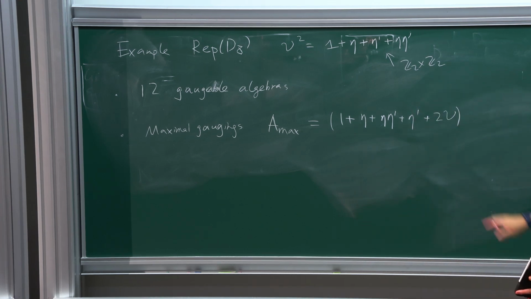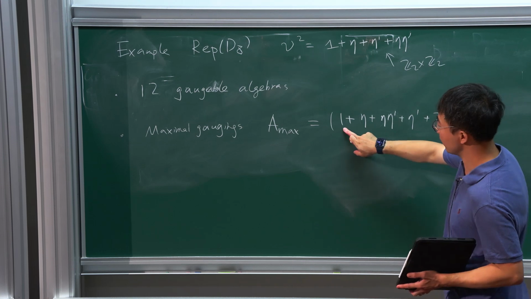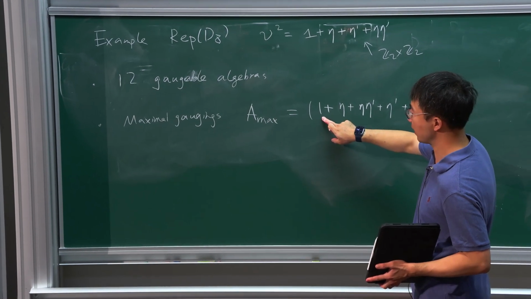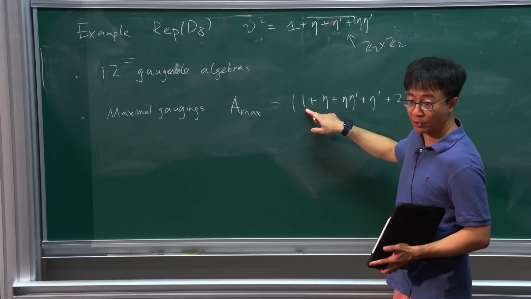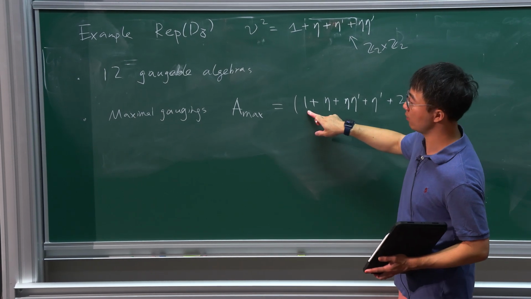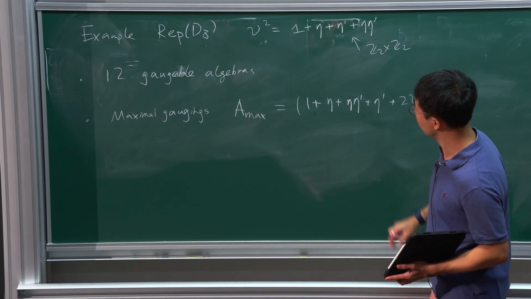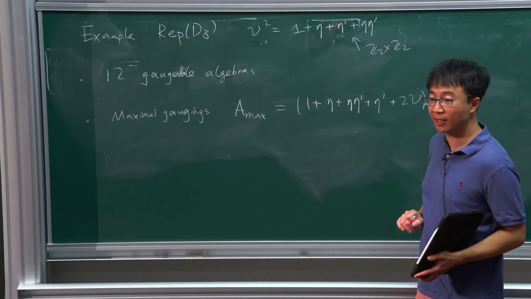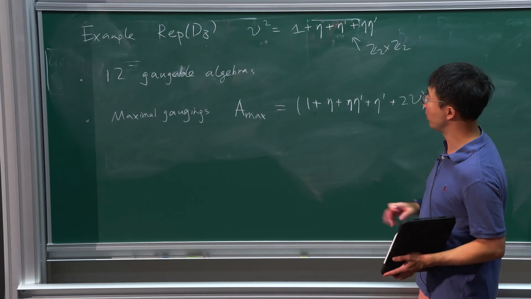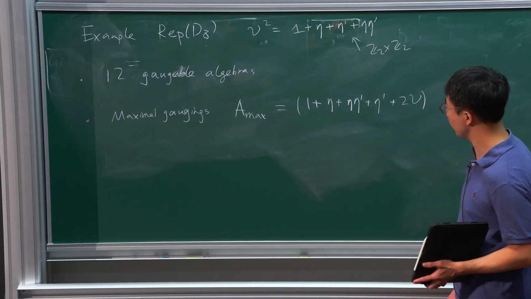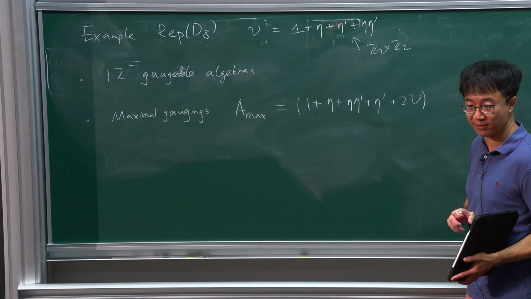One can show that, once you fix the appearance of identity in this algebra to be 1, which is something you want to impose physically because you want to ensure that after gauging this object you have a unique ground state, the other coefficients are bounded from above by the quantum dimension of the corresponding topological defects. So this is the maximal in that sense.